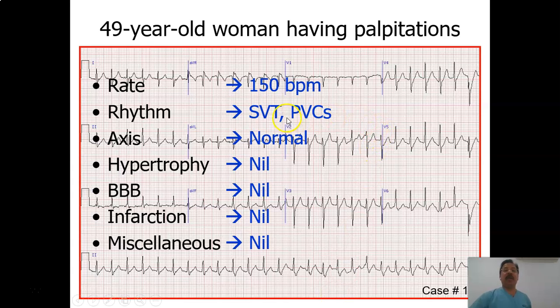It's a supraventricular tachycardia with PVCs, normal axis, no hypertrophy, no bundle branch block, no infarction, and the patient is having only palpitations. So this looks like a stable supraventricular tachycardia. Stable means hemodynamically stable, and the patient has no complaint other than the palpitations.